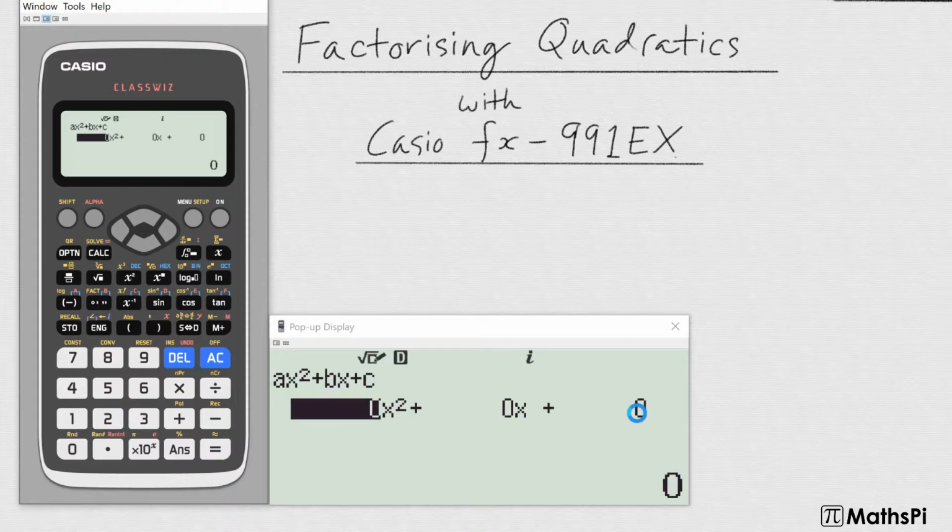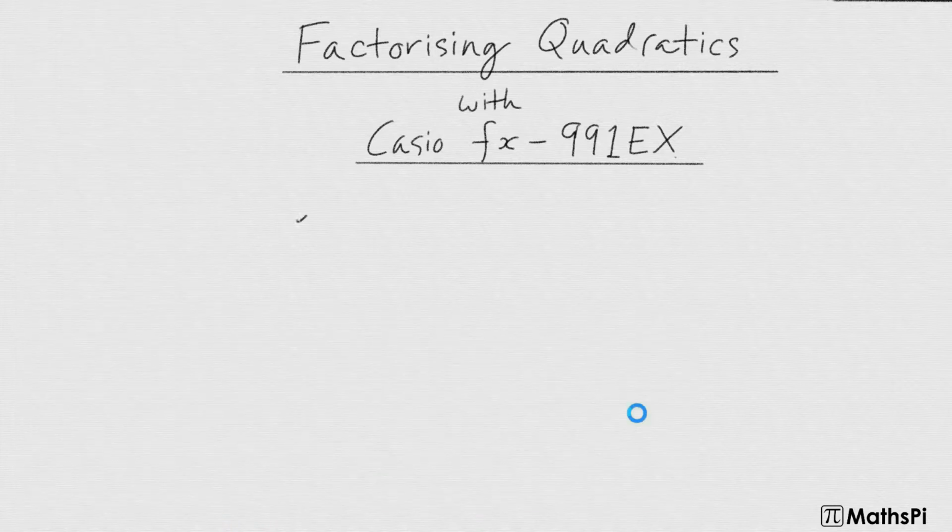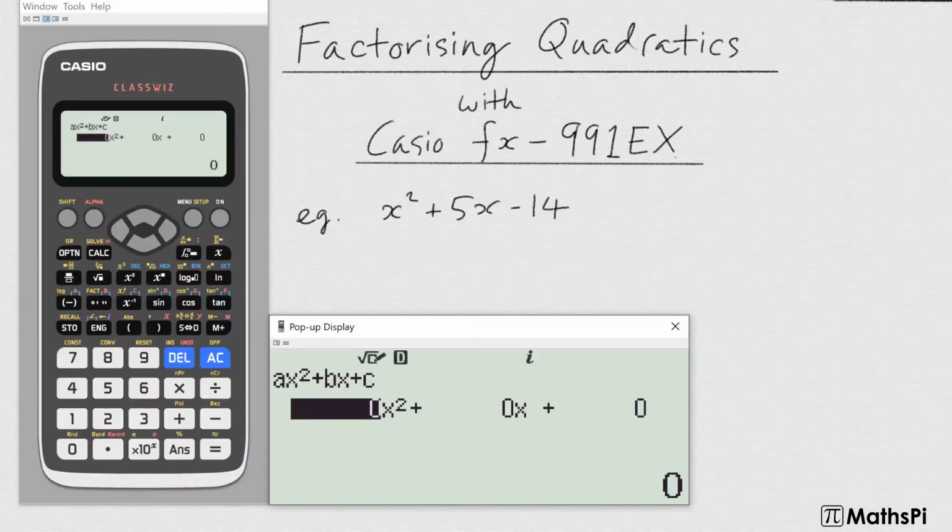So let's define an example quadratic first of all. Let's take x squared plus 5x minus 14, and using the calculator we're going to factorize that. We just want to input our coefficients into the calculator here.